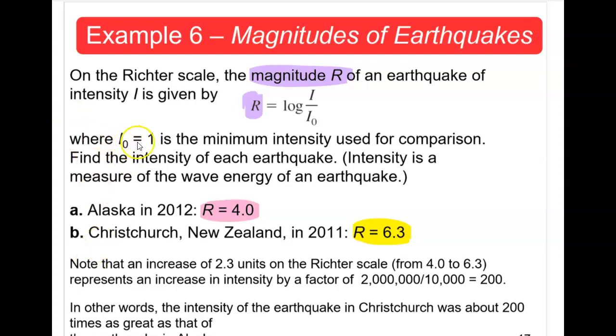Here, the variable I sub 0, you see the subscript here, represents minimum intensity, and it equals 1, and is just used for comparison. Now, we're going to find the intensity of each of these two earthquakes.